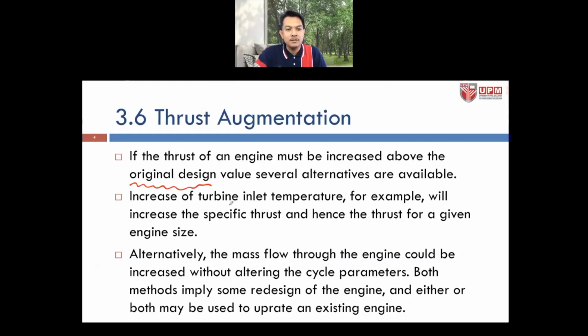For example, it will increase the specific thrust, or known as FS, and hence the thrust for a given engine size. Alternatively, the mass flow through the engine could be increased. So imagine that you have a larger mass flow without altering the cycle parameters. Both methods imply some redesign of the engine, and either or both may be used to upgrade an existing engine.